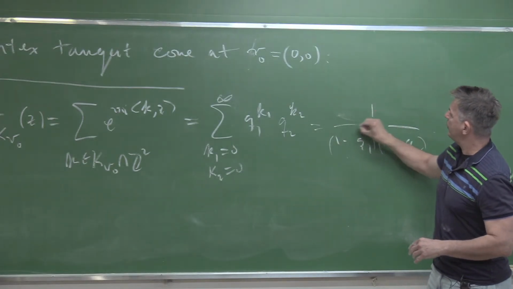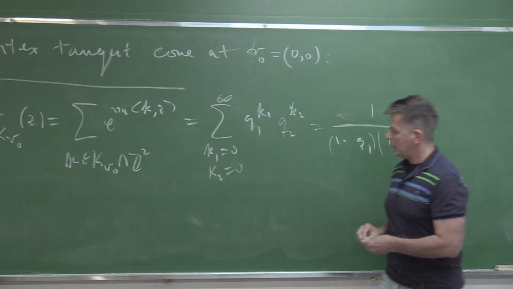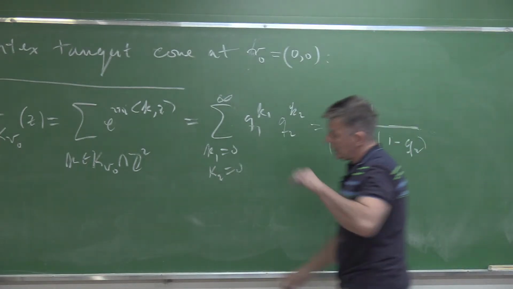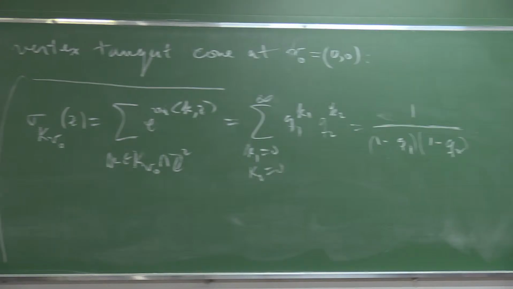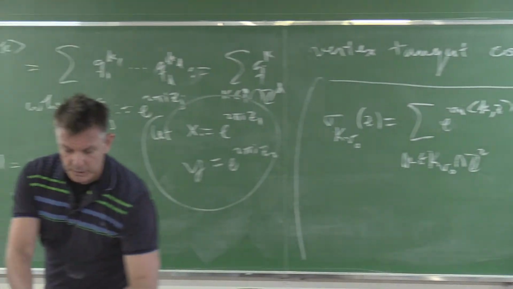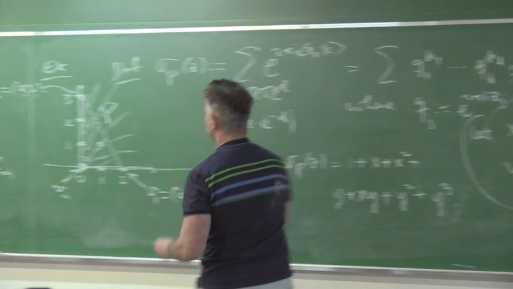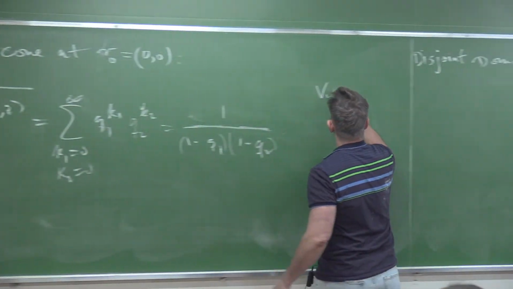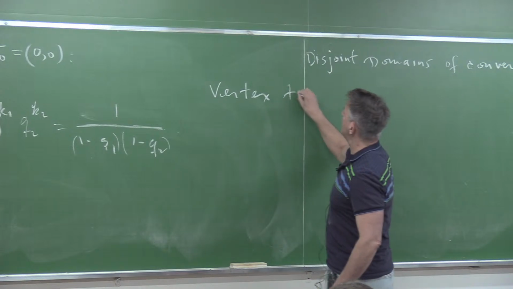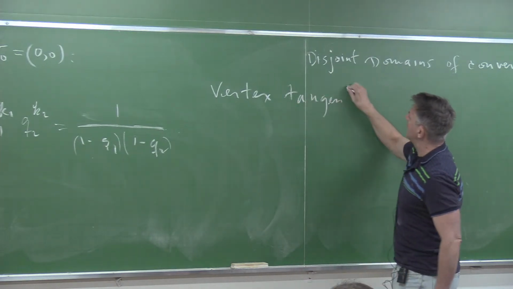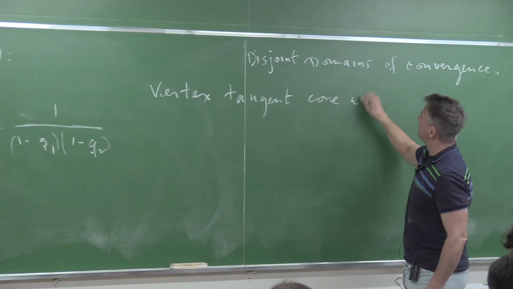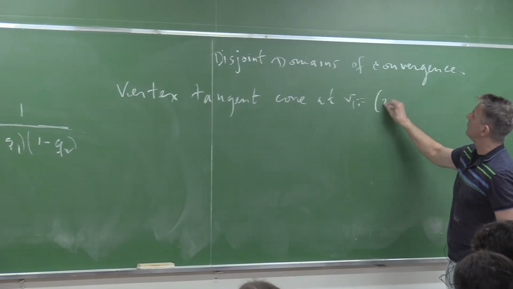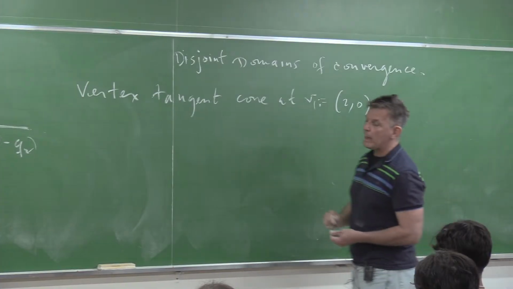So these are rational functions in several variables now, and so let's see what it is. The far more interesting thing is this vertex tangent cone at V1. What happens at V1?